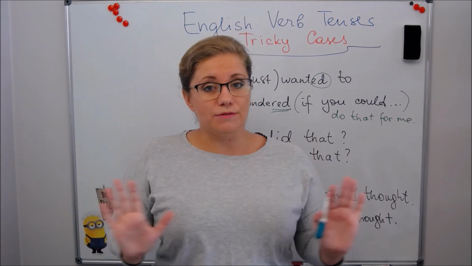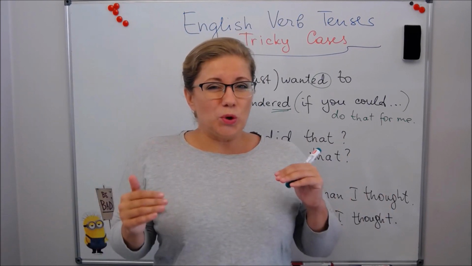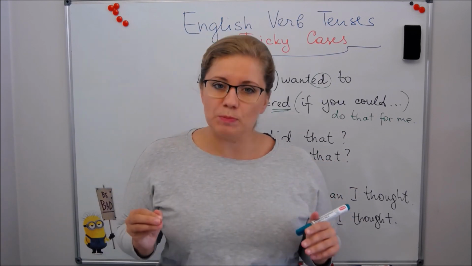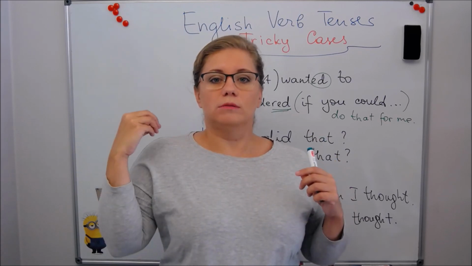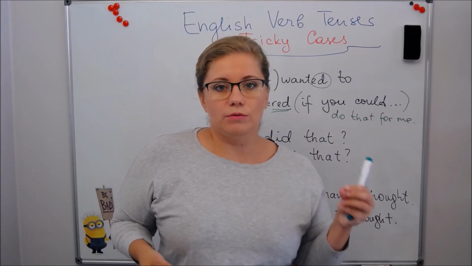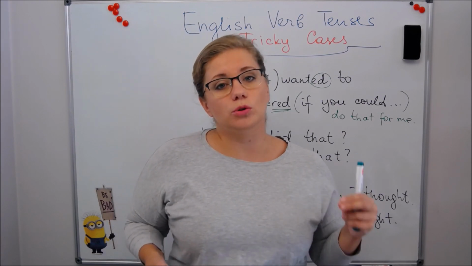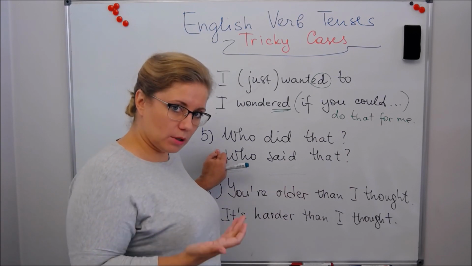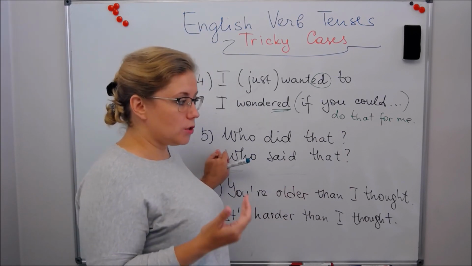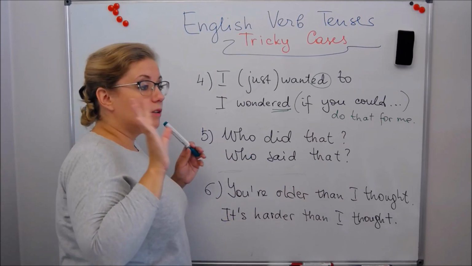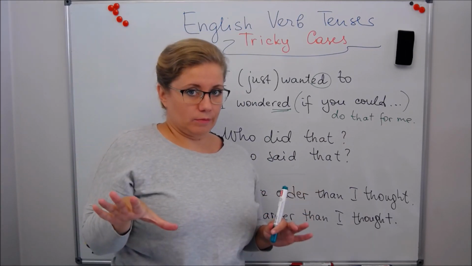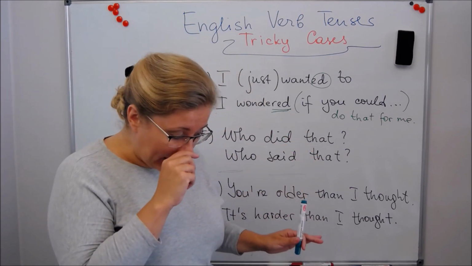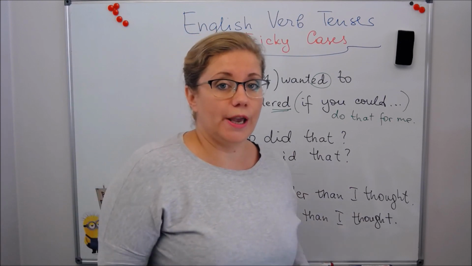That is the main difference, because in many cases we can't feel the difference between past simple and present perfect. But in this particular case, you will use the time marker to give yourself a hint that you are using past simple. But when you are asking about the subject of some action, you will always use past simple. For example, something has been ruined, something has been broken, and I want to ask you questions about the details.